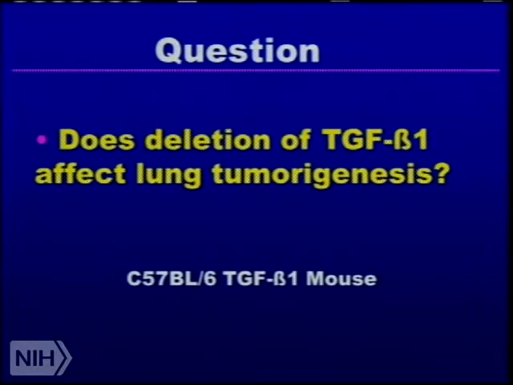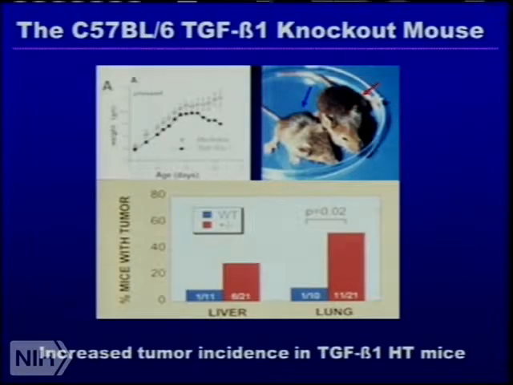For this question, we use the C57 Black 6 TGF-beta 1 mouse. Now, the TGF-beta 1 knockout mouse was generated in the C57 Black 6 strain in the 90s. And the mouse is born and seems to thrive like its litter mate.